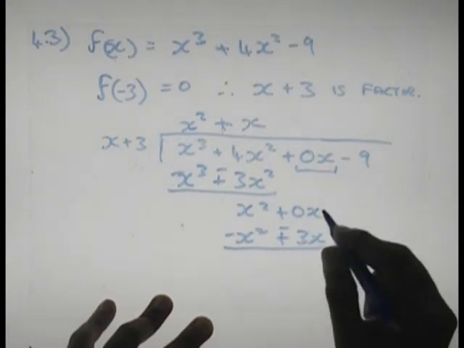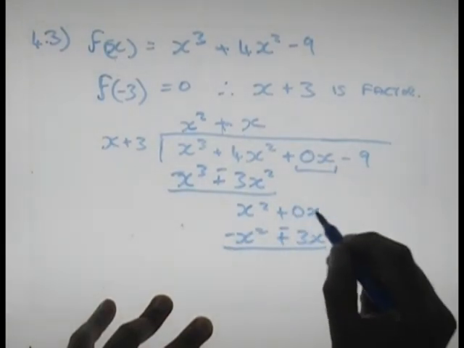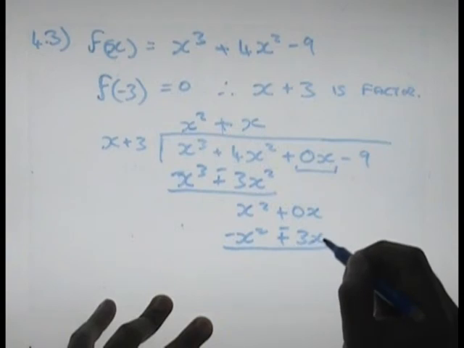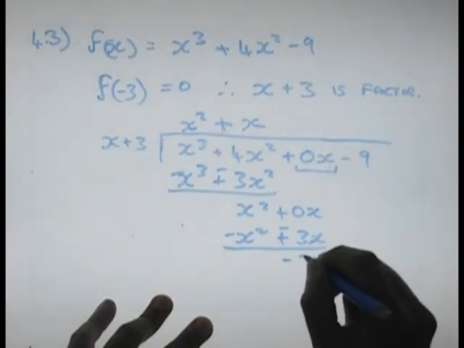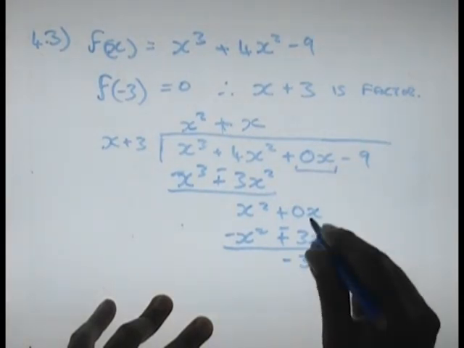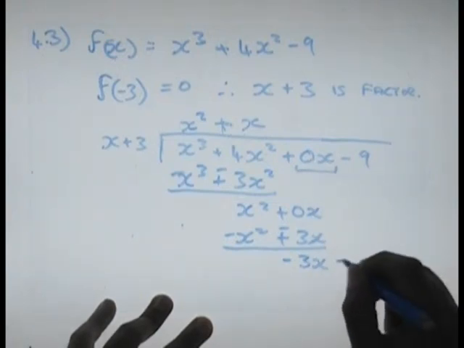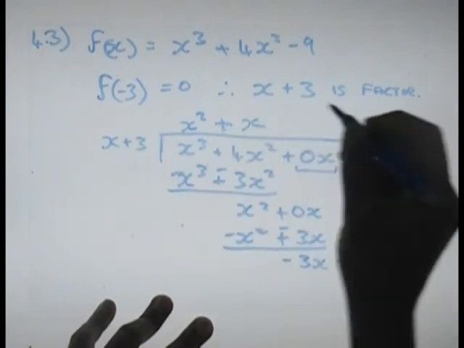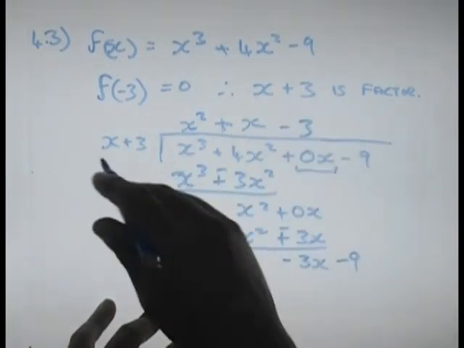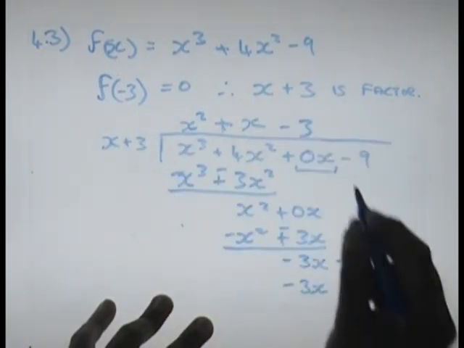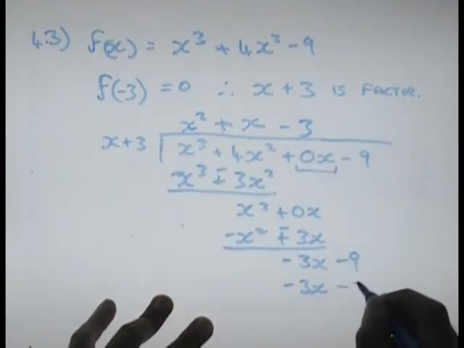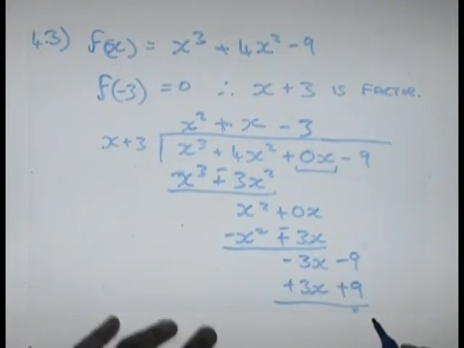Change the signs. Aha! 0x minus 3x is going to give me minus 3x. See why we put that in? Bring down the minus 9. Minus 3x divided by x is minus 3. Minus 3 times x is minus 3x. Minus 3 times positive 3 is minus 9. Change the signs. That will equal 0.